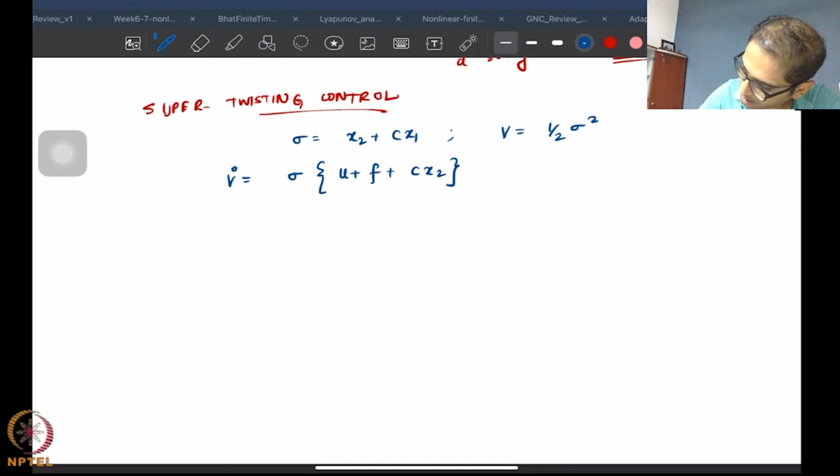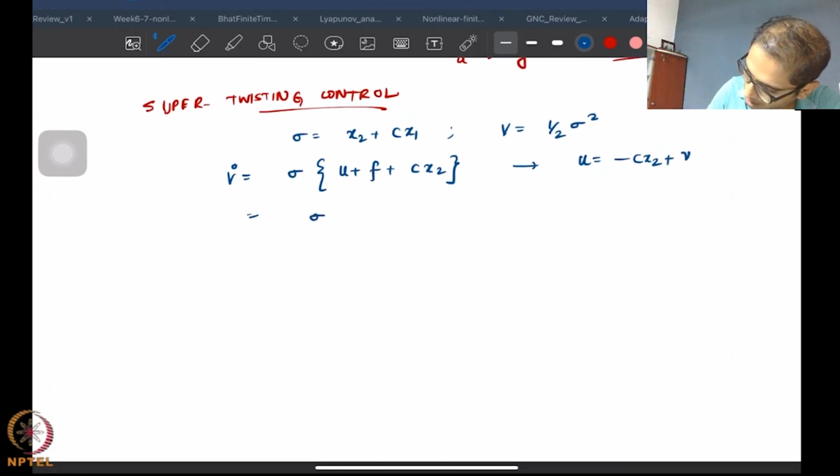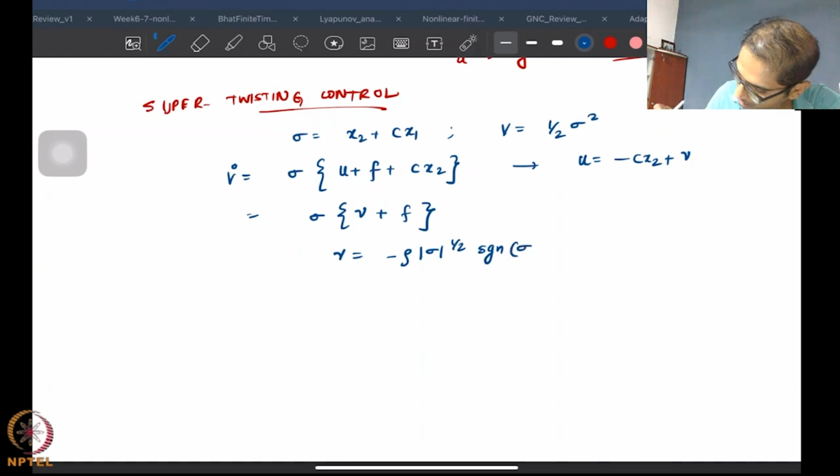We said that we will prescribe u as minus cx2 plus a new control v, and so this becomes sigma times v plus f. And this is the point when we had prescribed v as minus rho signum of sigma. Now this is where we prescribe a different control. We say that our v is not going to be minus rho signum sigma, but it is going to be minus rho sigma to the power half signum sigma.